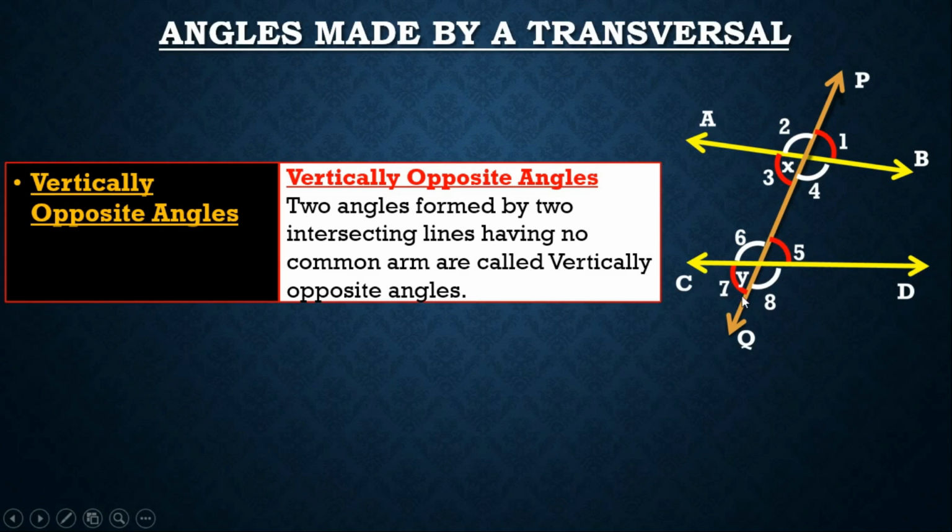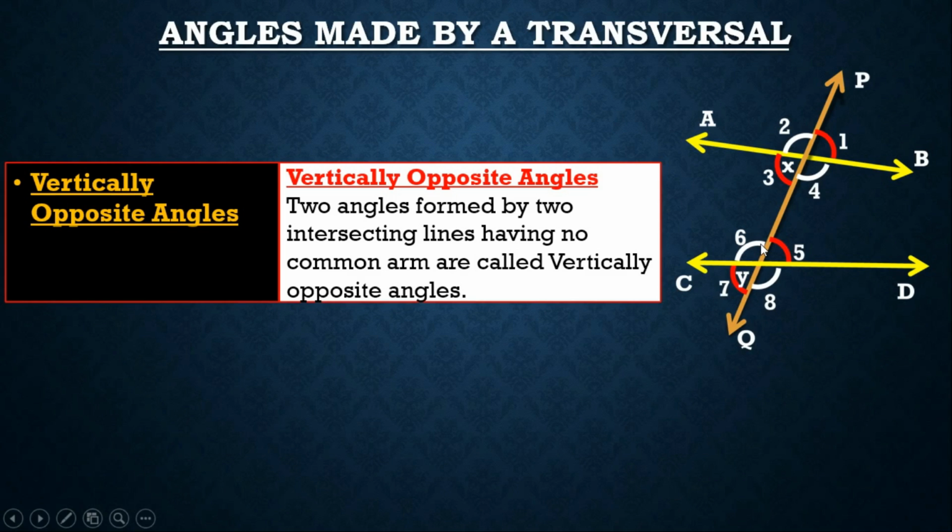Because they are formed by the intersection of two lines, and angle CYQ and angle QYD have a common arm, and hence cannot be vertically opposite angles. Angle CYQ is vertically opposite to angle DYX, and the vertically opposite angle of CYX is angle QYD. So the vertically opposite angle of angle 6 is angle 8, and of angle 7 is angle 5.